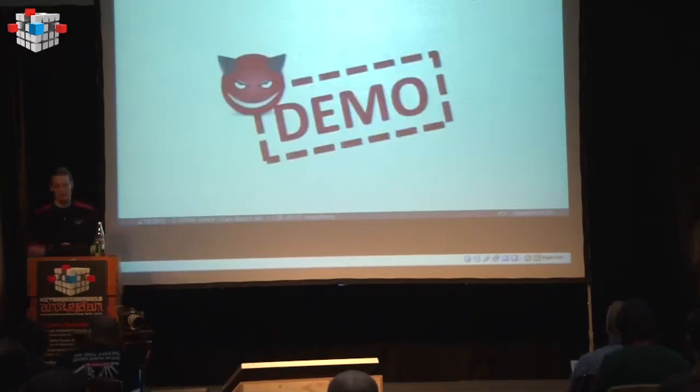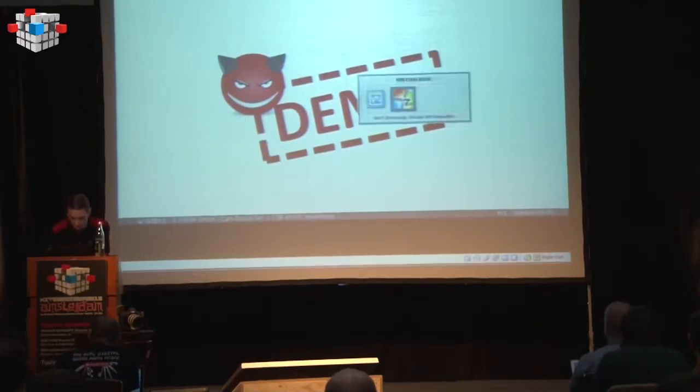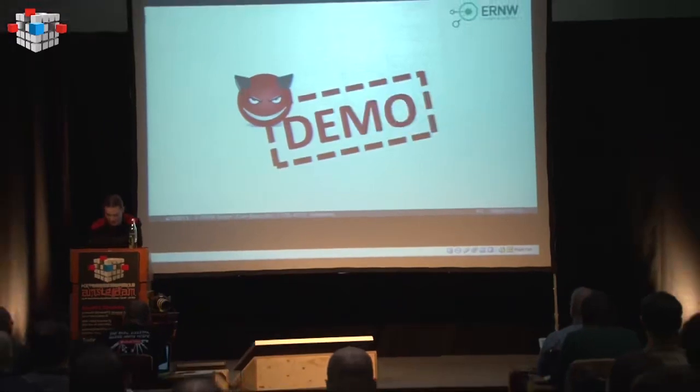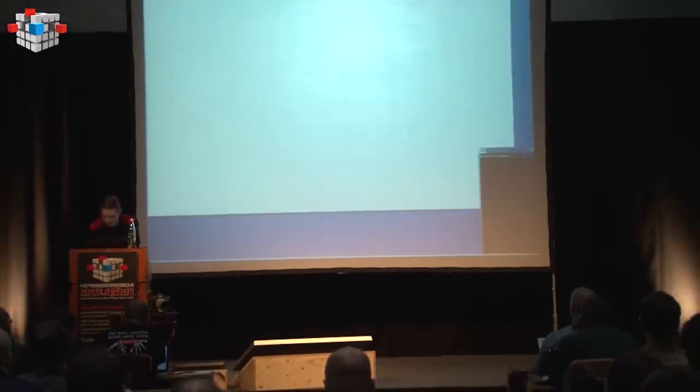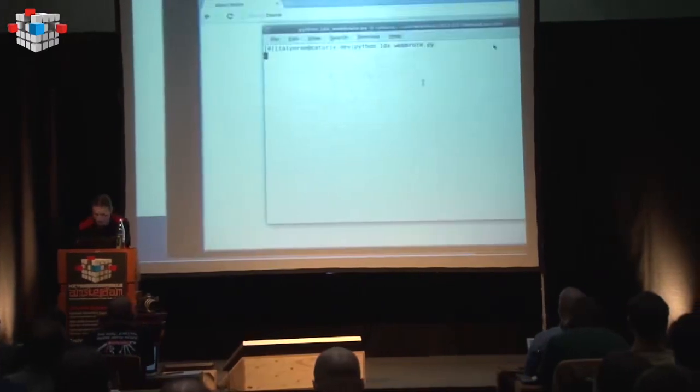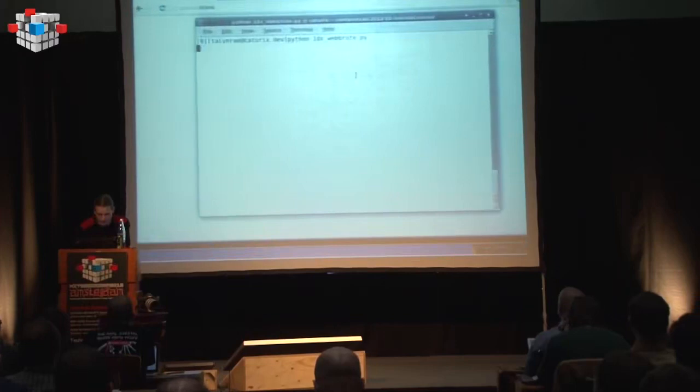Okay, I got a short video of this, just to give you an idea of what it looks like. Let me see. There we go. This is the little brute forcing script, which is now running against the camera.